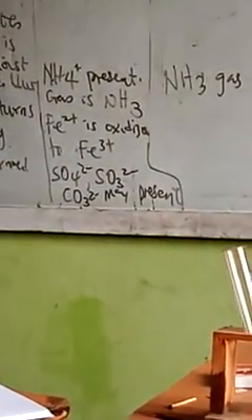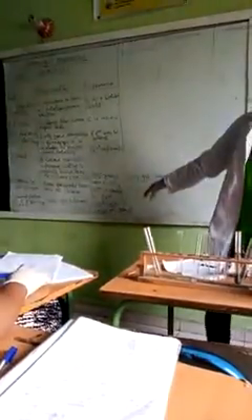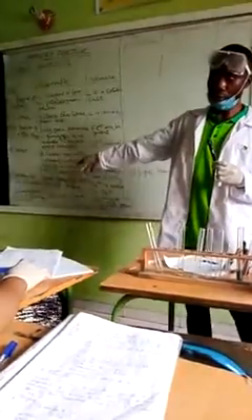So that is the inference there. When you add barium chloride and you get white precipitate, any of these three ions can be present, because each of these ions will always give a white precipitate with barium chloride solution. Do you understand?